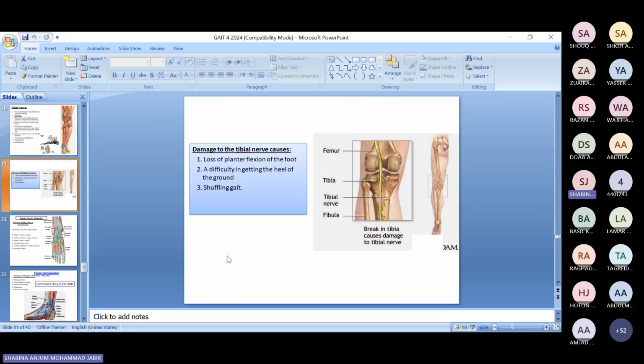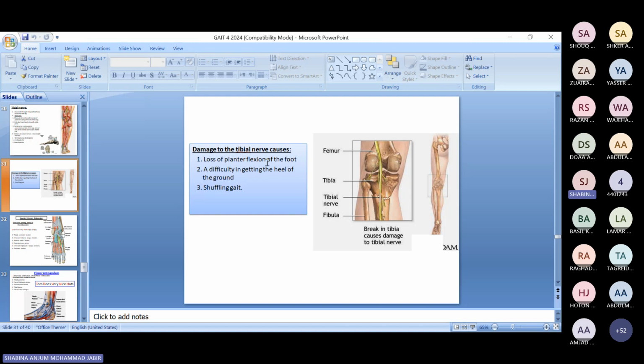Its injury is less common, but suppose there is any problem with the tibia, any fracture in the tibia, it may cause tibial nerve injury. Then there will be loss of plantar flexion. You can imagine that if you cannot do plantar flexion, you have to walk dragging your foot.